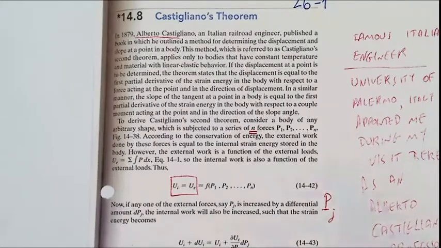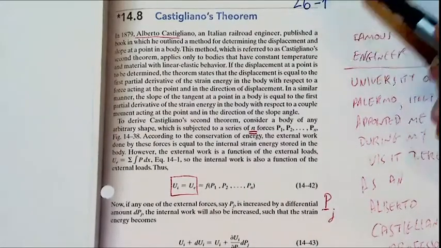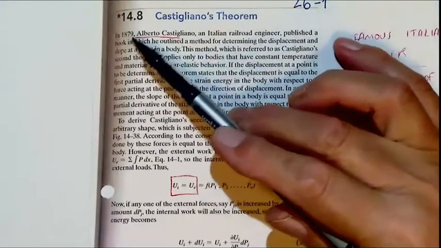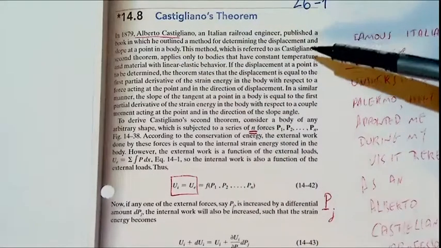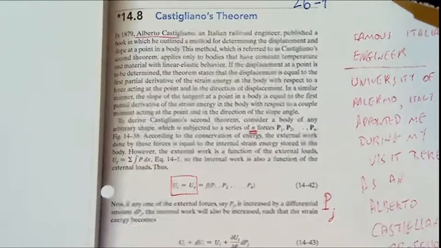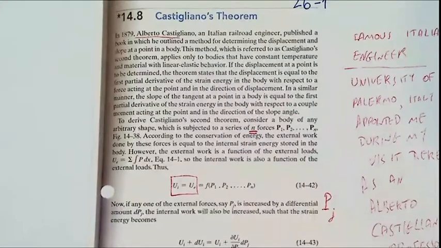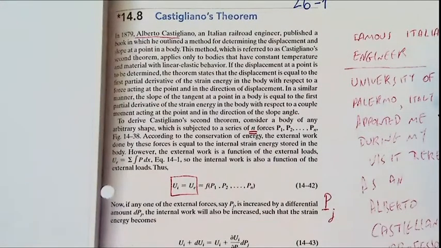So we started Castigliano's theorem. Alberto Castigliano, 1879, he developed his theorems, two theorems, but we will deal only with one of them. And I mentioned that I have some connection with him because I was appointed as Alberto Castigliano visiting professor at University of Palermo.